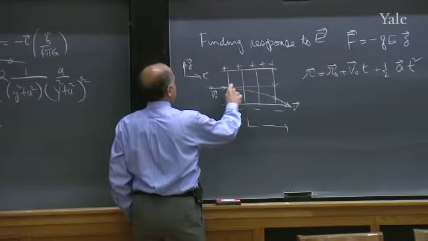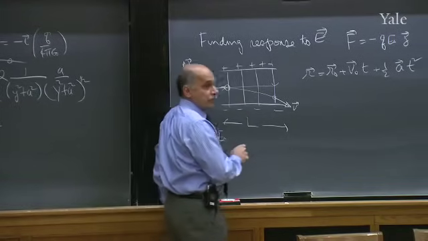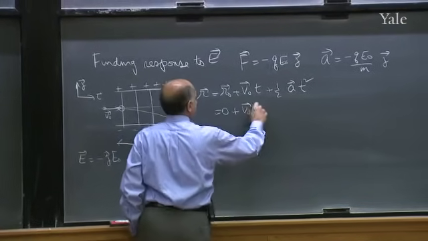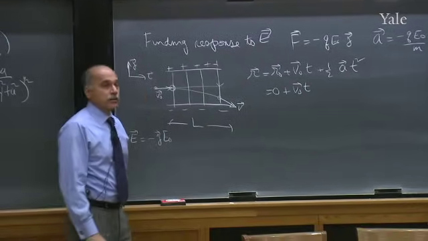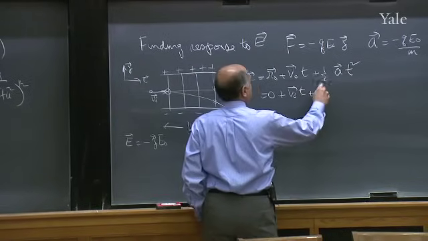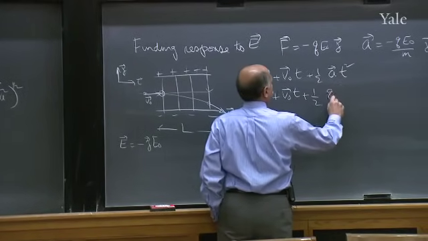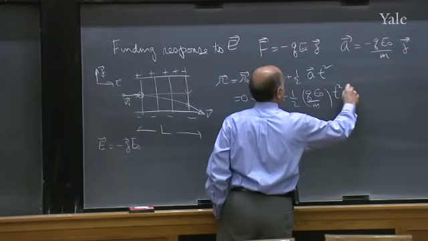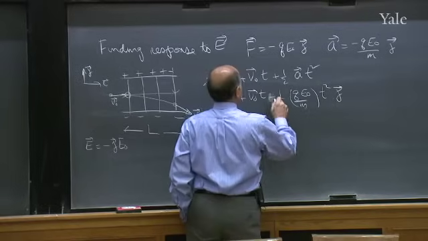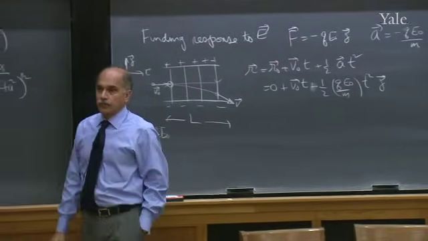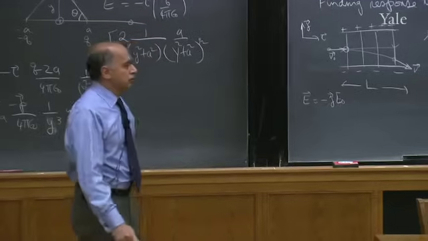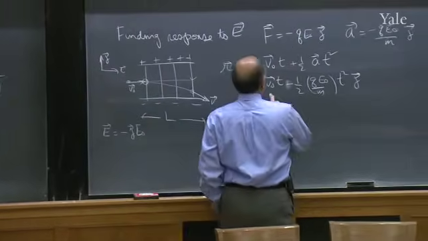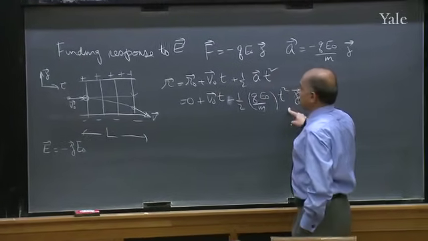So let's say the starting point R naught is our origin. V naught is whatever it was projected in with, plus 1/2 times q E0 over m t squared j. Okay, so as a function of time, this tells you where the position will be.